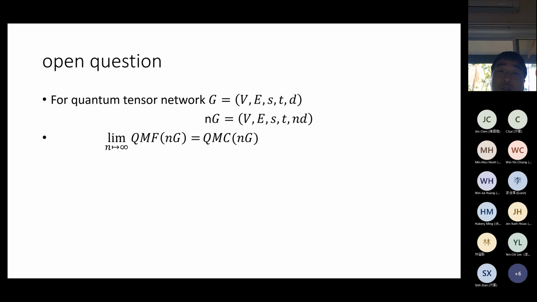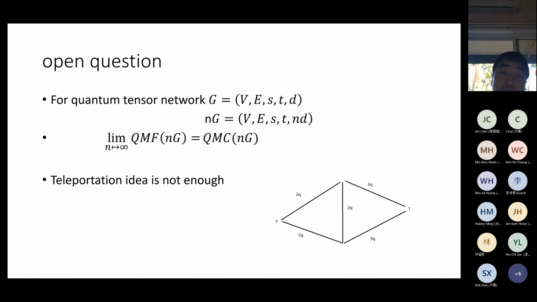We also want to comment that the teleportation idea is not enough, in the sense that our idea cannot be used to show this conjecture, that the limit of quantum max flow of Ng equals quantum min cut of Ng.